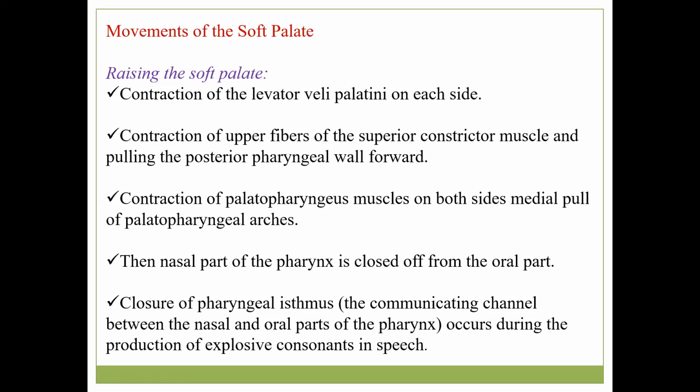Then alongside that, palatopharyngeus muscles of both sides contract. Because of that, palatopharyngeal arches are pulled into the medial side. And then what happens? The nasal part of the pharynx is closed from the oral part. So the closure of the pharyngeal isthmus occurs during the production of explosive consonants of speech.